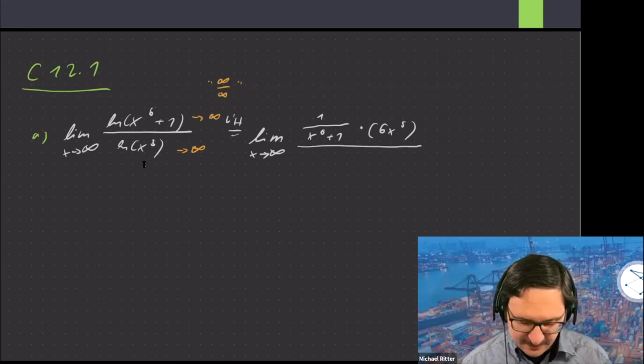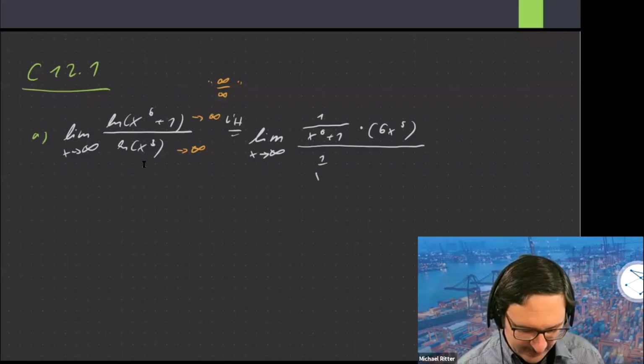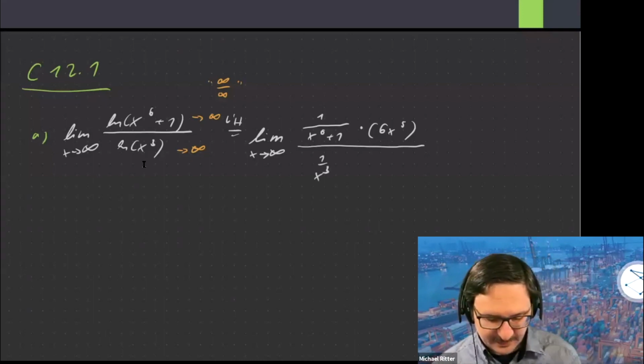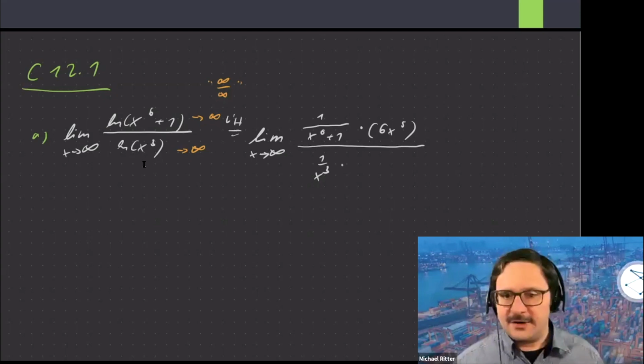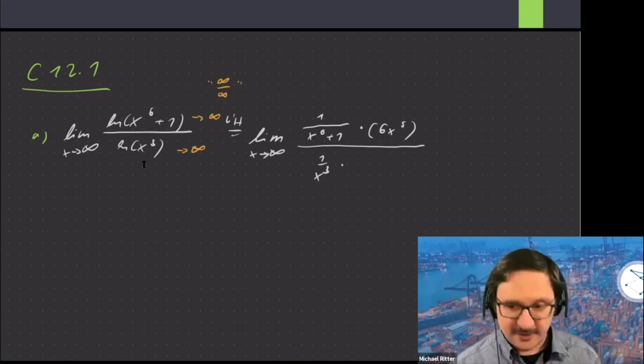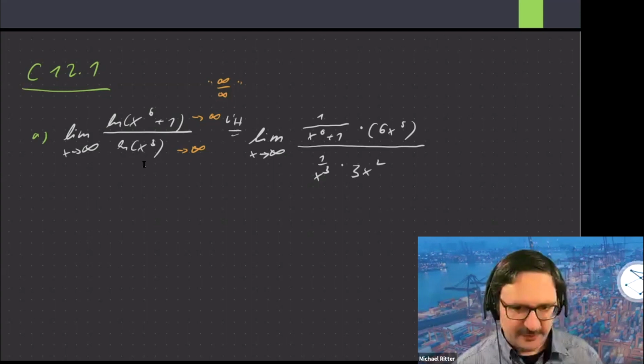The same basically applies to the denominator. Here we have 1 over x to the power of 3, and again we apply the chain rule, so we need to multiply that with the derivative of x to the power of 3, and that is 3x to the power of 2.